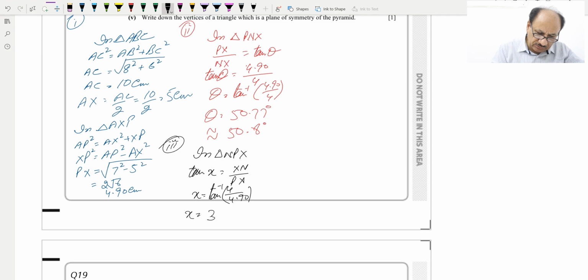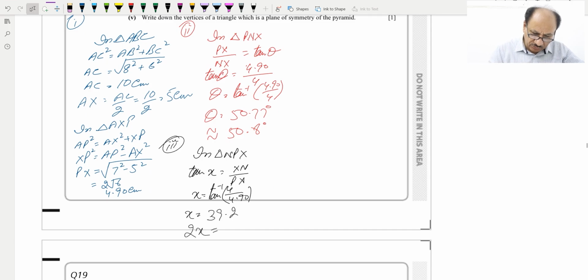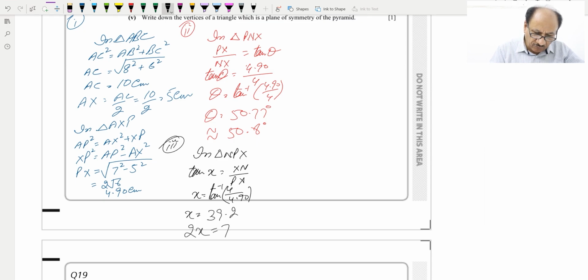We need 2X which is required. So double angle, because we found X up to this one, but we require the complete angle. So complete angle will be 2X, multiply by 2, equal to 78.45 degrees. This will be our final answer for third part.